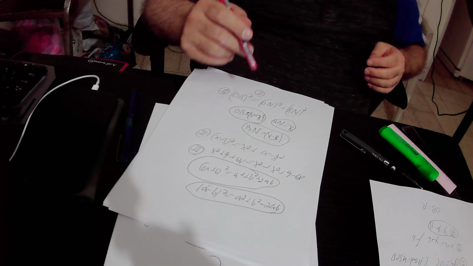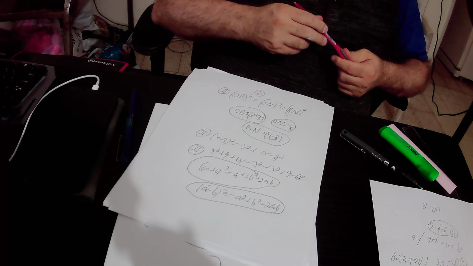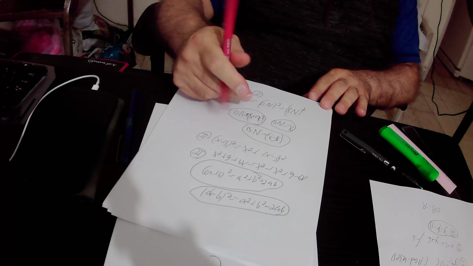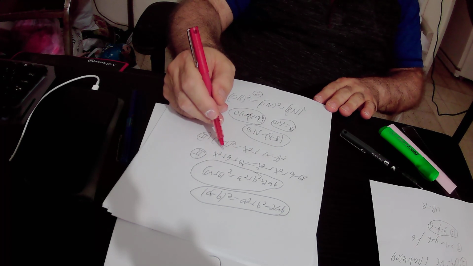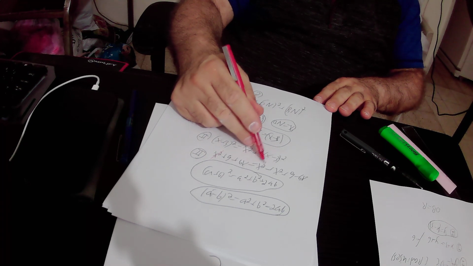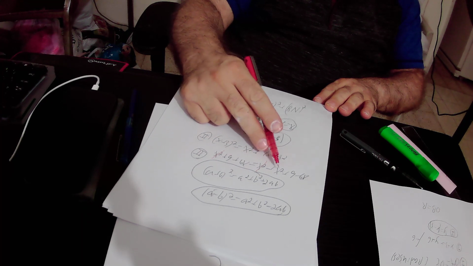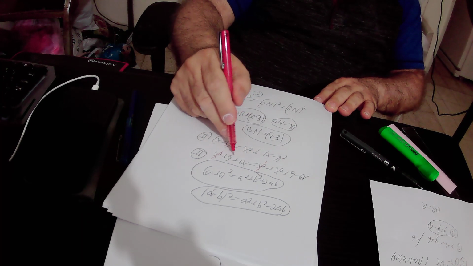Okay, so actually we have x squared on both sides of the equation, so x squared is cancelled. We have 9 on both sides of the equation, so 9 is cancelled.